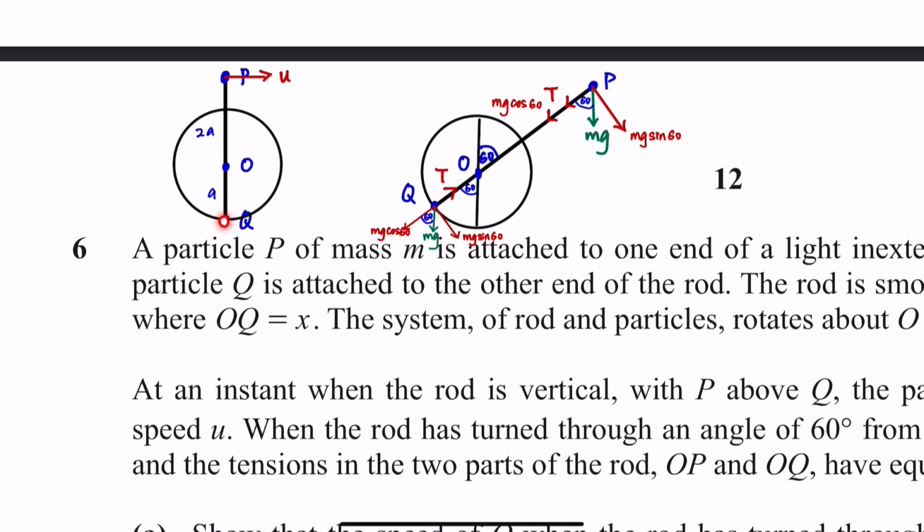And for Q, because it rises to a higher level, it gains gravitational potential energy, but loses kinetic energy.